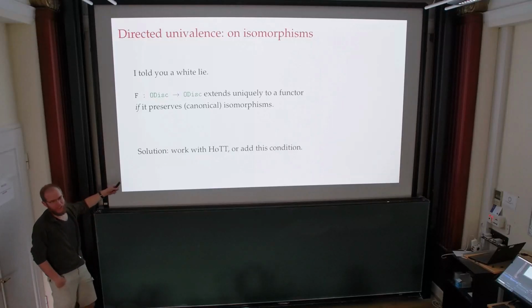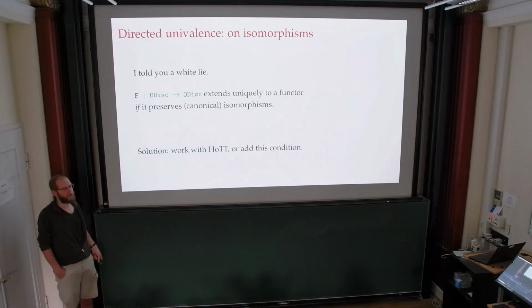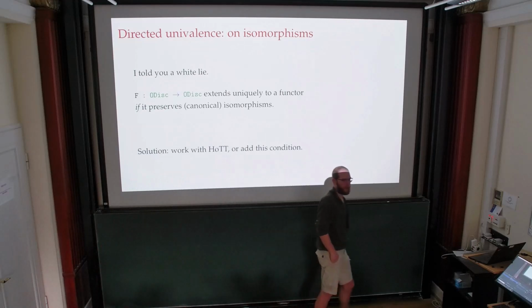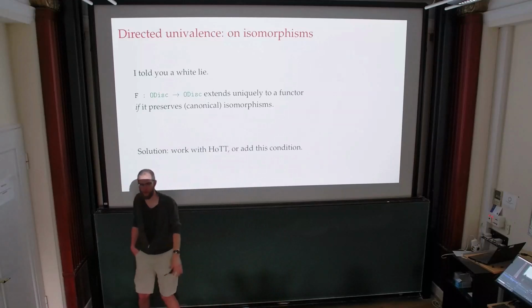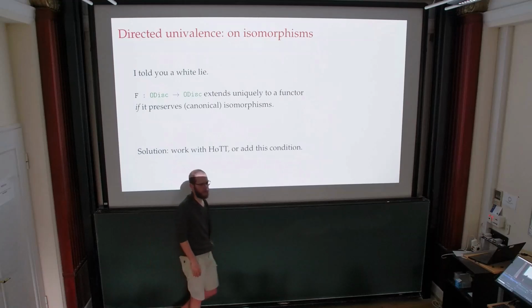And so the solution is either you work with univalence and homotopy type theory, and then you get this for free, or you just add this condition, like you say f has to be a morphism of groupoids instead of just a function. But you can't just work with homotopy type theory, at least for now, because we have no idea how to actually phrase our axioms in a way that makes sense for arbitrary higher dimensional homotopy types.